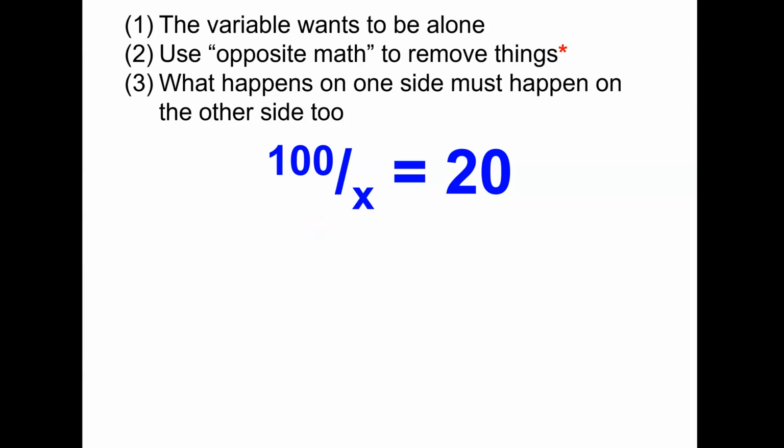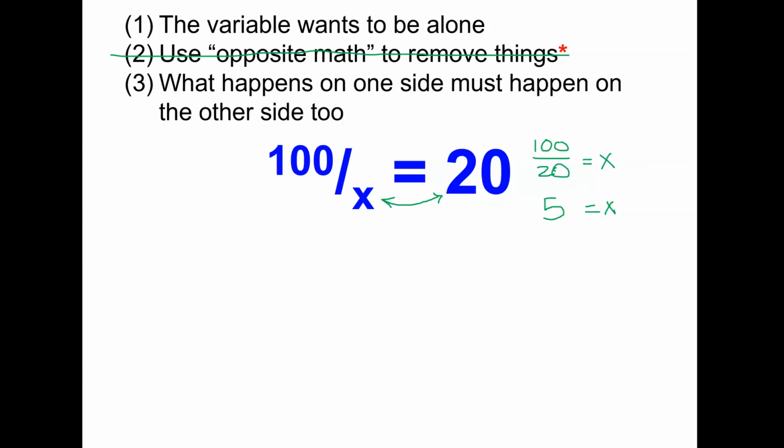We can't use opposite math because 100 multiplied by 20 would give us 2,000, which obviously can't be right. So instead, we're going to swap the variable on the bottom with whatever's on the other side. So our new problem is 100 divided by 20 equals x. And we know that that value should be 5.